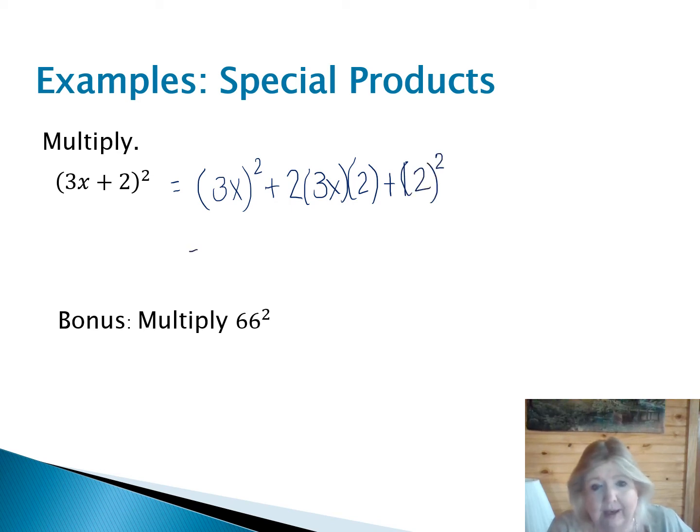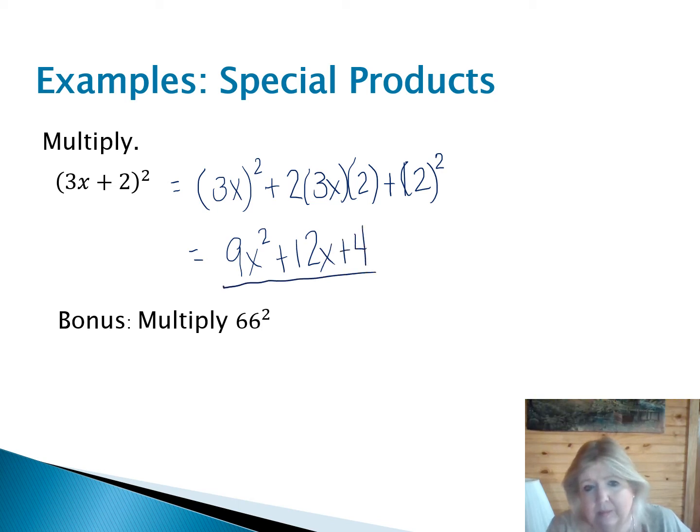So my final answer is going to be 9x squared. 2 times 3 is 6, double it, you get 12x. And the back guy, 2 squared, is 4. Final answer, and eventually if you practice it enough, you'll be able to do it in your head.